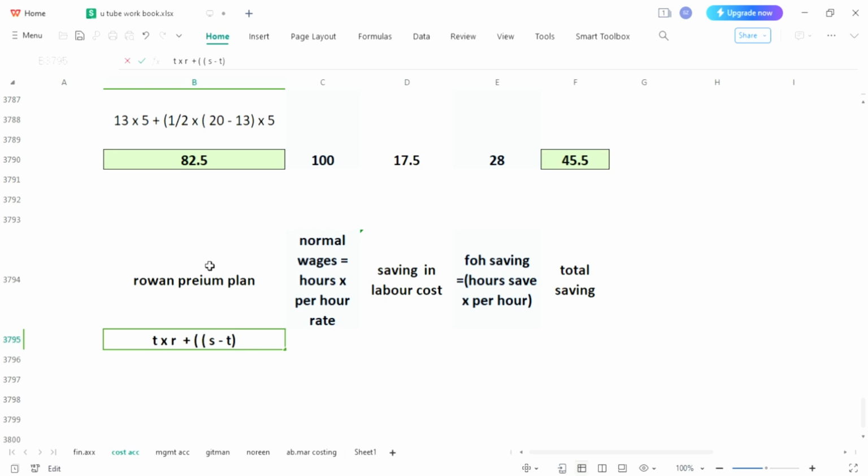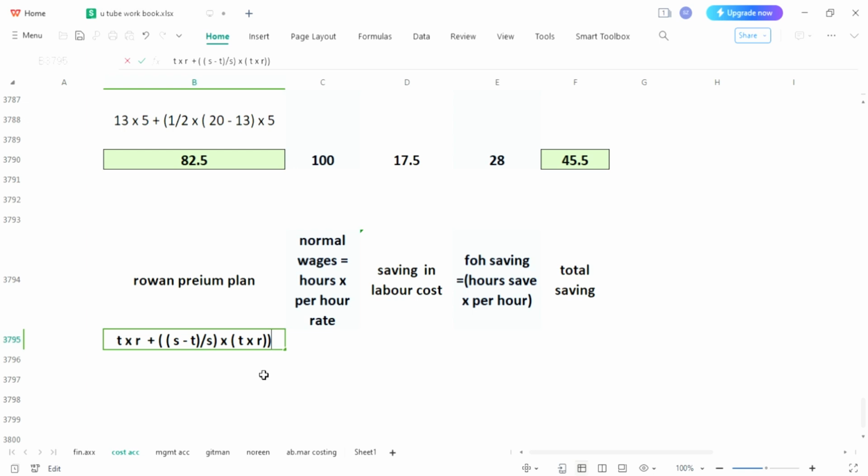You will close the bracket, divided by standard time, and then again close the bracket, multiply by, again you can open your bracket, time taken multiply by R. So this way you will use this formula, and you will have to be very careful. 1, 2 and 3 opening brackets, 1, 2, 3, 4 closing brackets, so bracket opening and closing should be maintained.